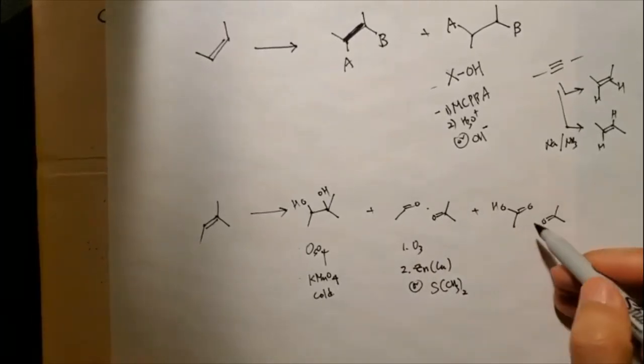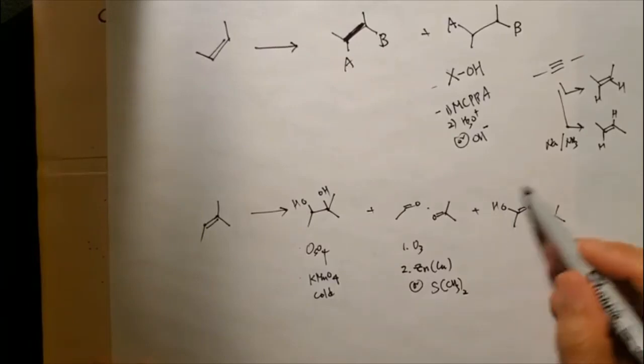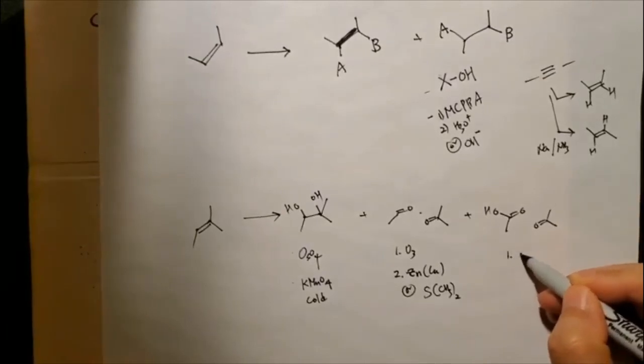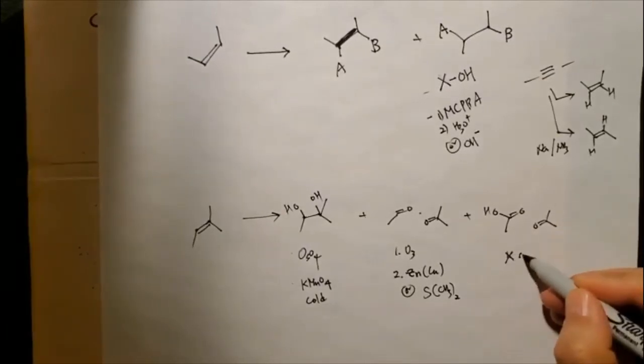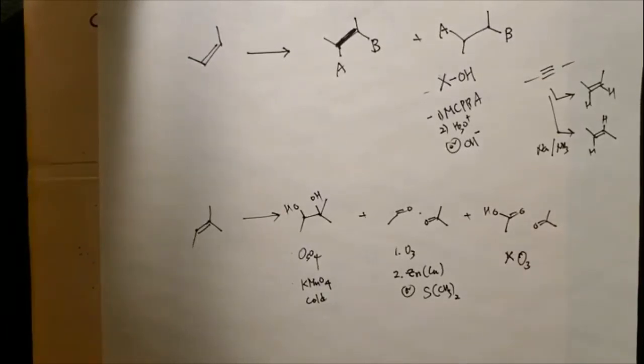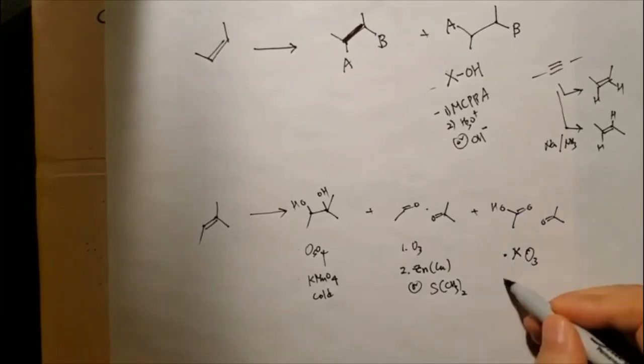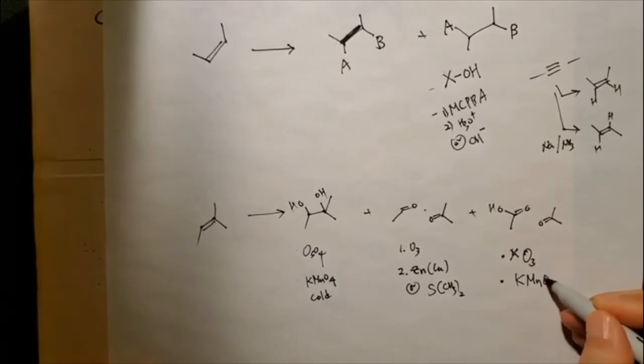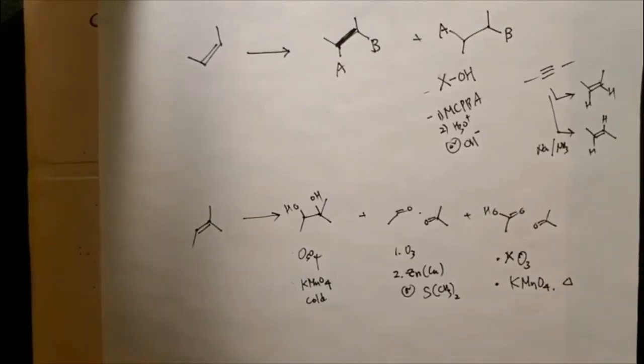Well, if you want to choose selectively to go all the way to the maximum oxidation state, you don't need to do this, right? You just treat it with the ozone, one option, and the other option you can do it with potassium permanganate with the heating.